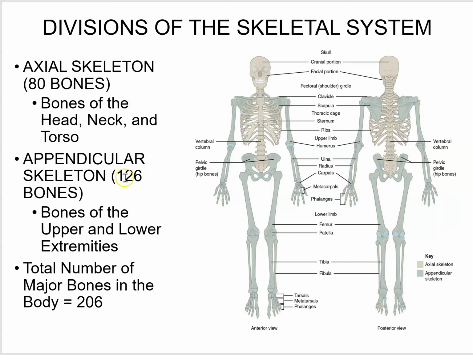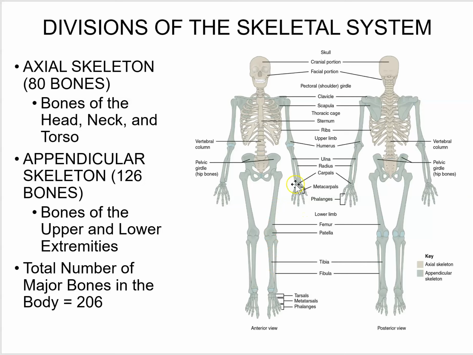The appendicular skeleton has 126 bones. That's a huge number of bones. And when we're looking at this picture, we don't see that many bones. We see a humerus, we see 2 bones in the forearm, a very large bone in the thigh, a couple of bones down here. Where in the world is that 126 number coming from?